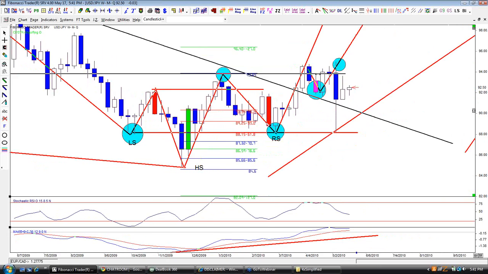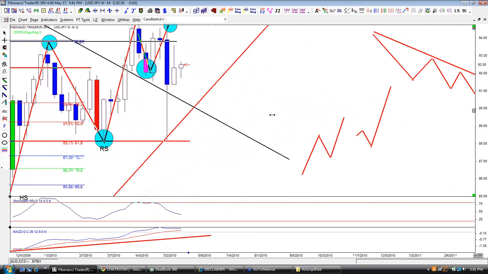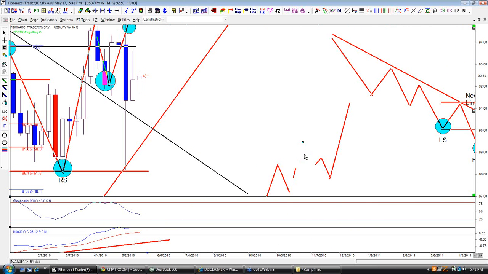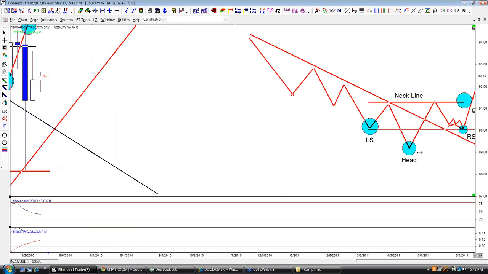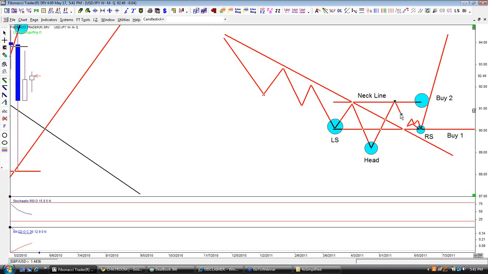Now, also, we can see another trade setup, and I really like this trade setup. This is one of my favorite trade setups, and I need to delete some of those lines here.